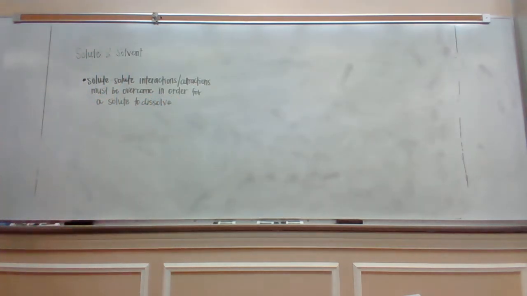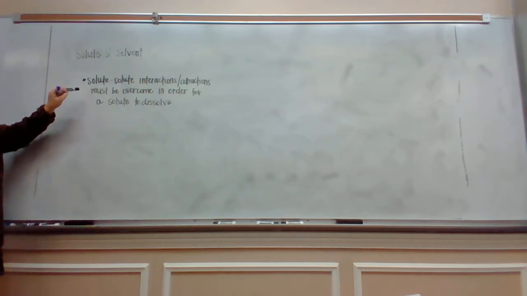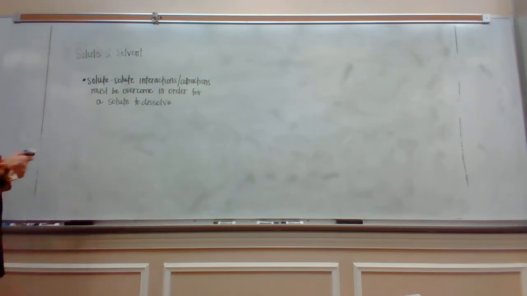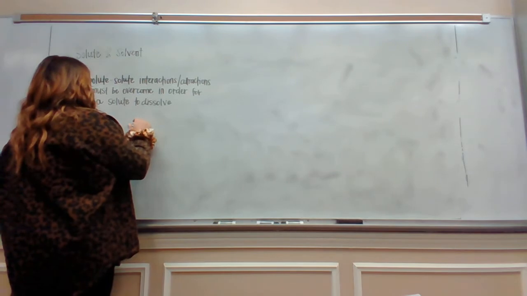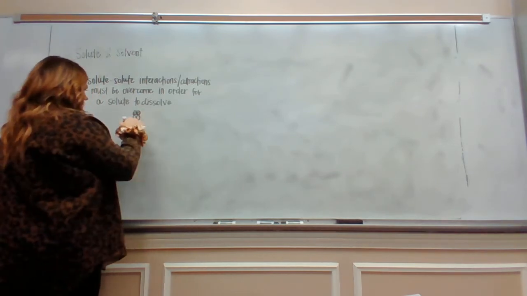there are attractions or an interaction that is holding your solid particles together. Those attractions or interactions must be overcome in order for the solute to dissolve. So in other words, you say this is my solute. It's all together.